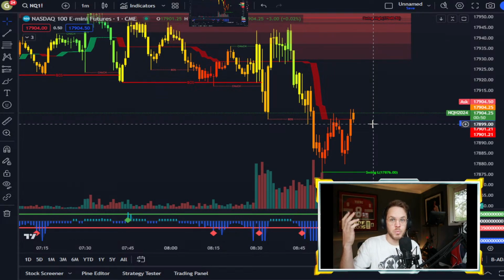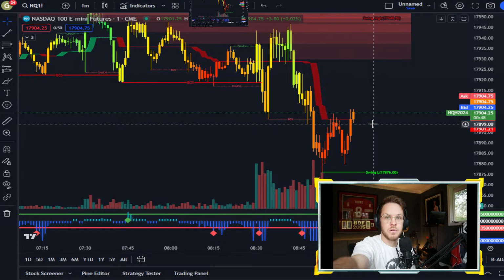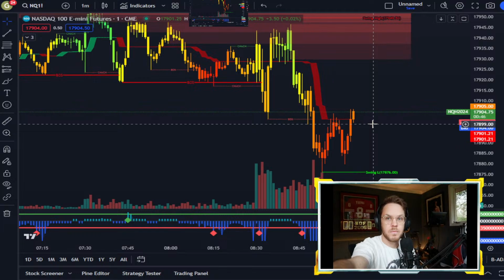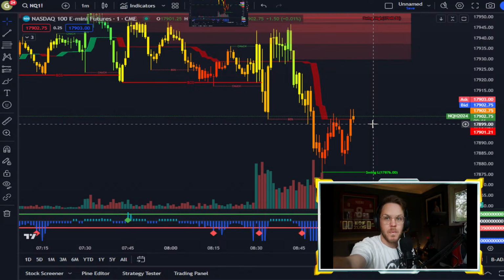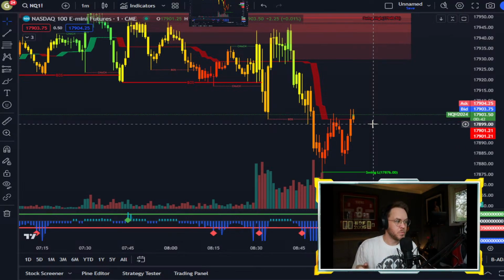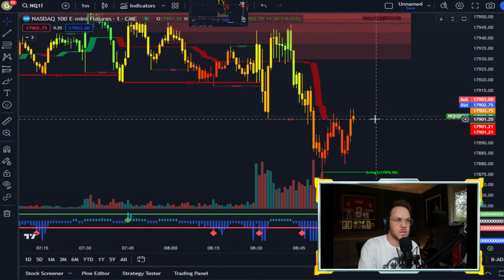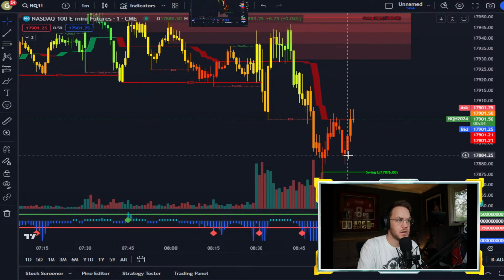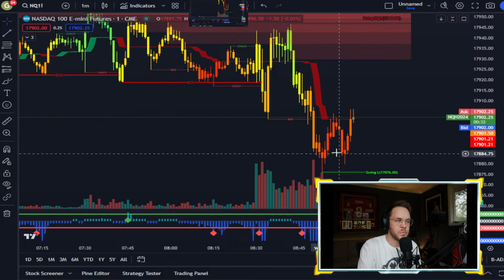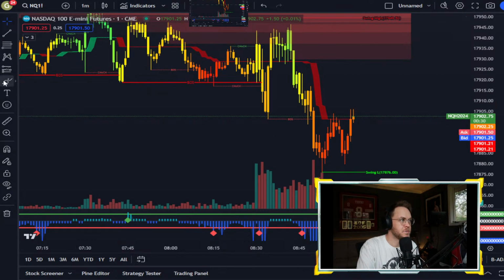As someone who prefers to short sell, I'm going to be looking for what's called a failed auction here. So we probably won't get a failed auction for two reasons.